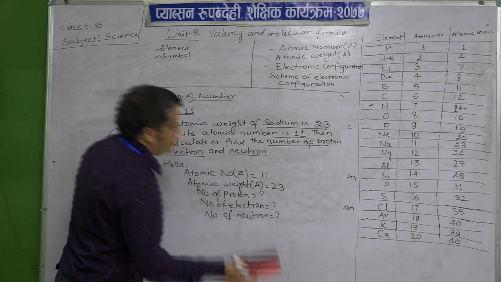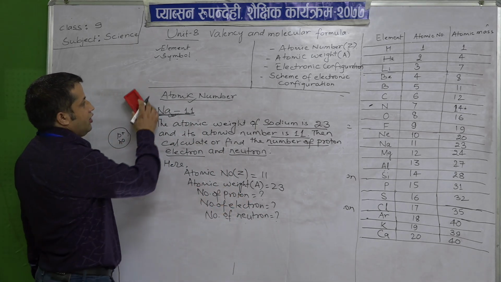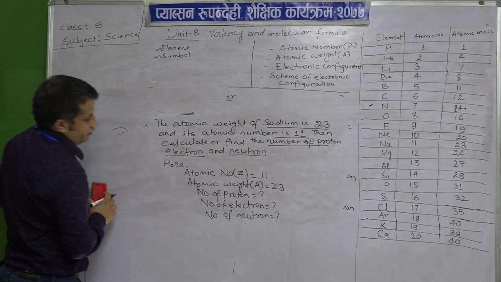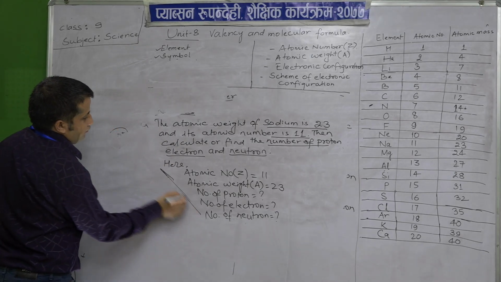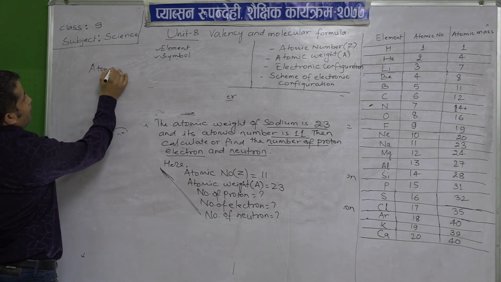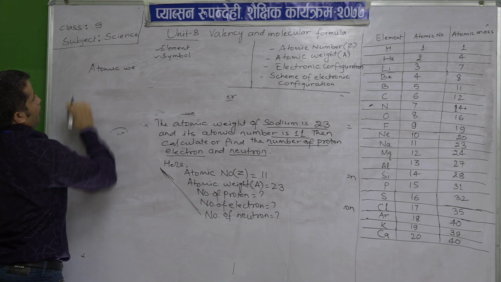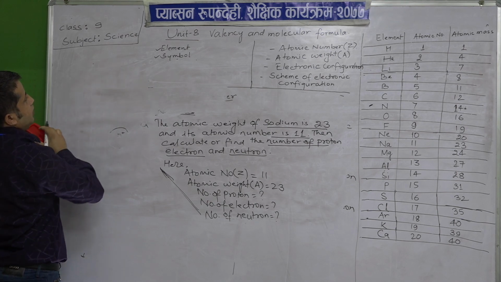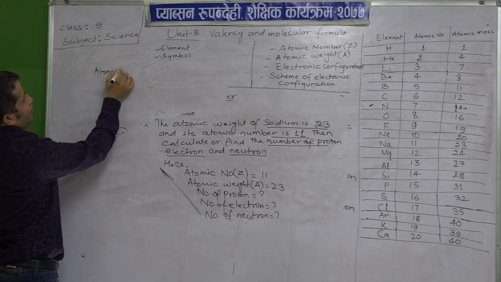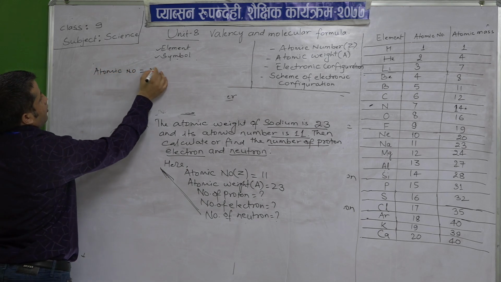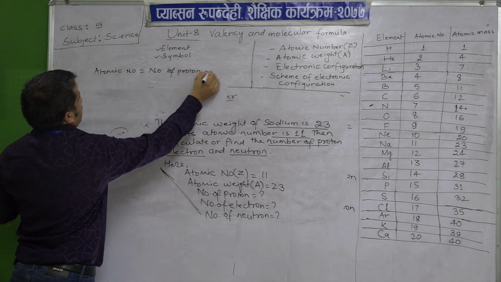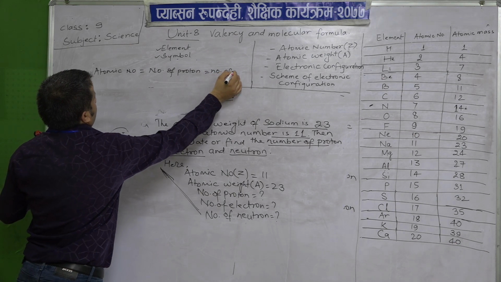Now we will use the formula of atomic weight and we will calculate its value. So you can see here, you can write here atomic weight. Before atomic weight we find atomic number. Atomic number is equal to number of proton, which is equal to number of electron.